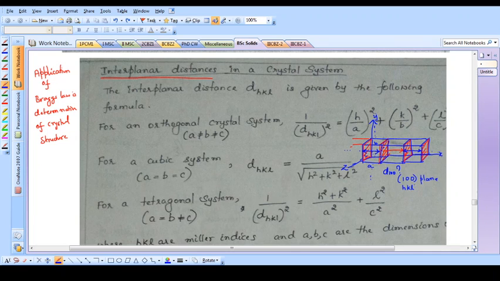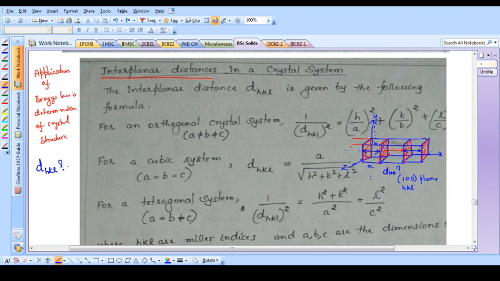So is there any systematic way of deriving a general formula to find out DHKL, that is, what is the distance between two neighboring planes whose Miller indices is HKL?